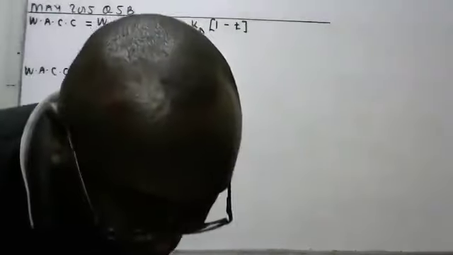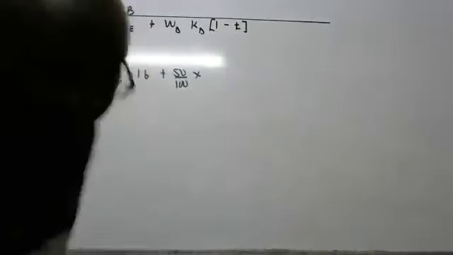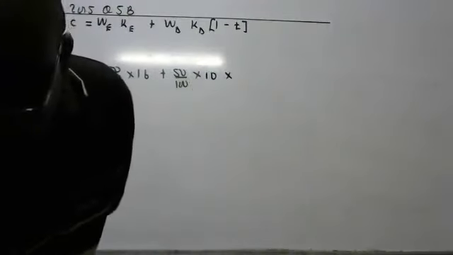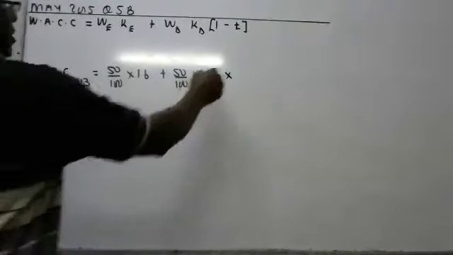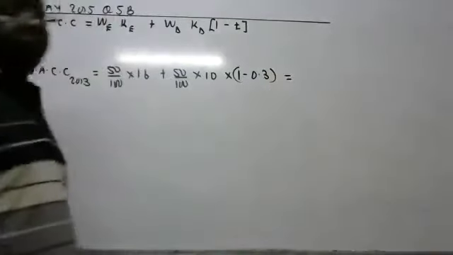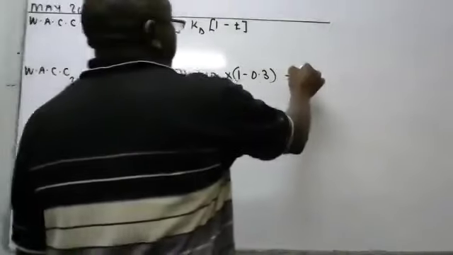According to information 4, the pre-tax cost of debt is 10%. And according to information 7, tax is 30%. So 1 minus 0.3. That gives 11.5%.